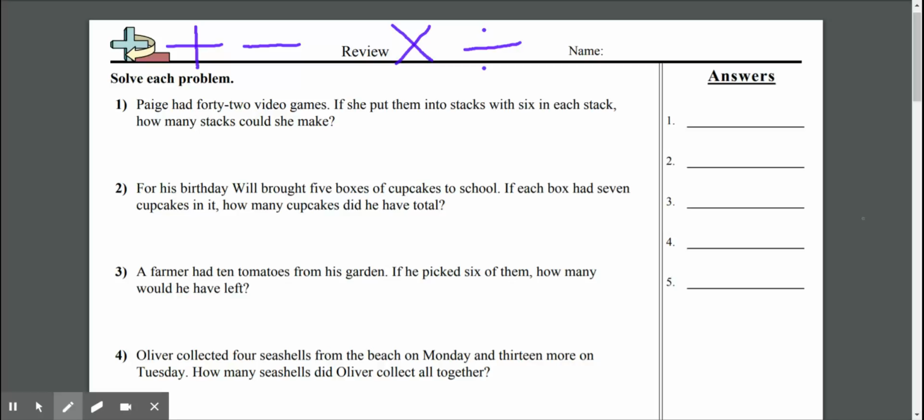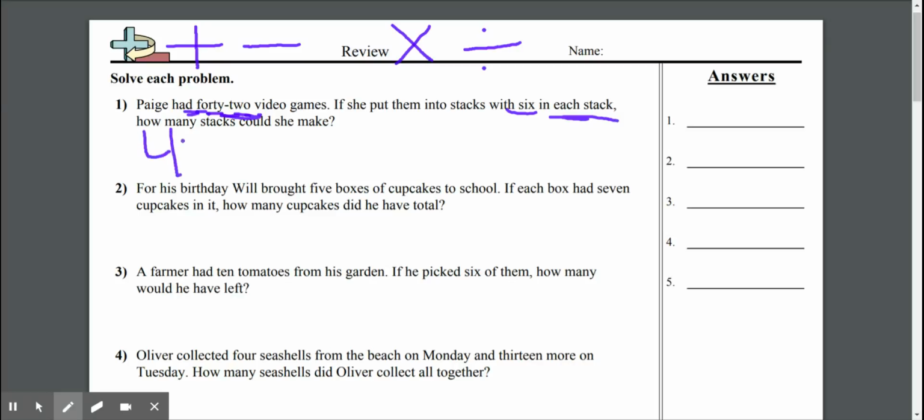Now we're going to reread the problem, thinking, okay, this girl named Paige had 42 video games. She put them into stacks with 6 in each stack. How many stacks could she make?